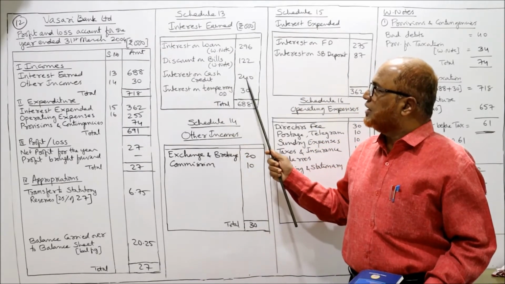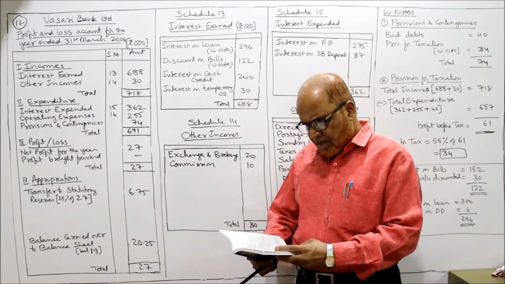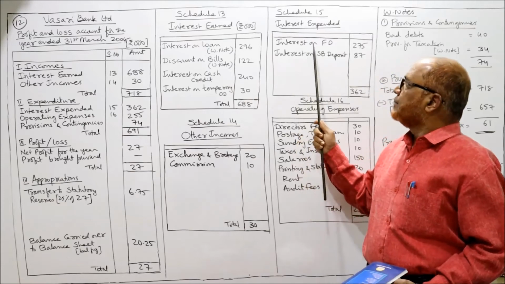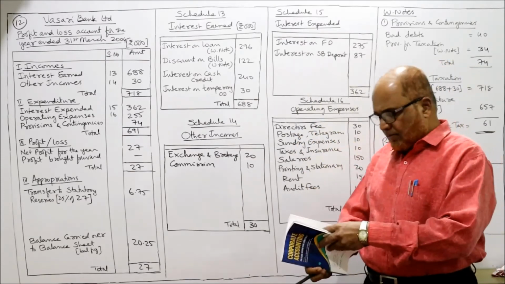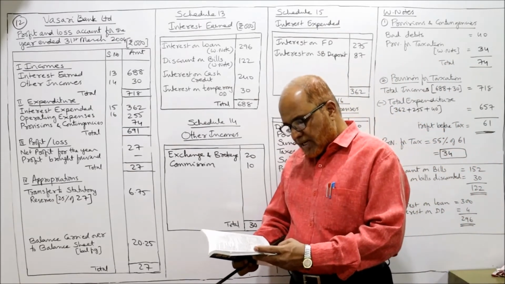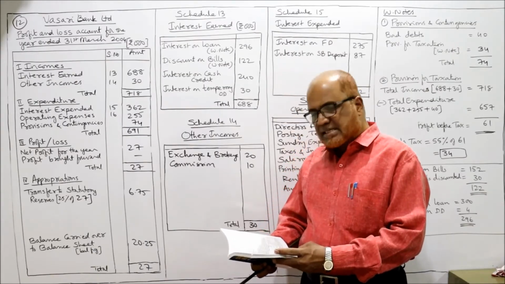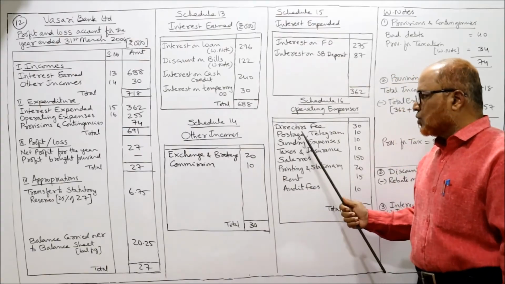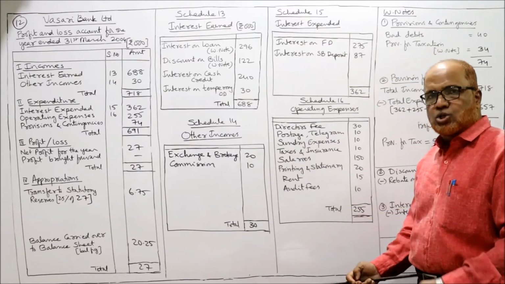Interest on cash credit 240, no adjustment, nothing. Interest on SB deposit, interest expended, no adjustment, directly we will take. Then postage, telegram stamps, sundry expenses, taxes and insurance. These three are expenses under operating expenses.